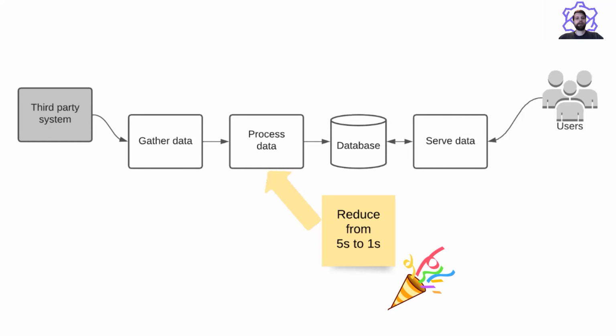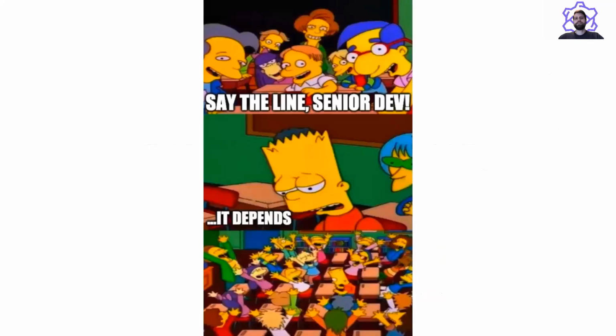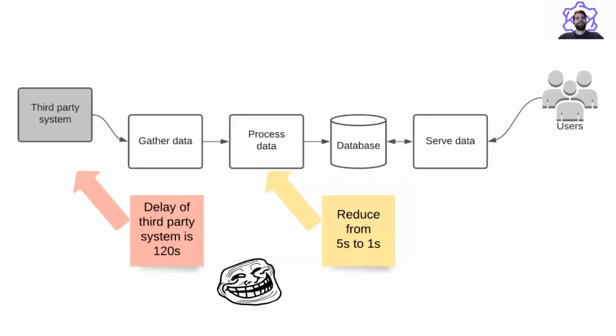Making something 5 times faster is great, isn't it? It should be acknowledged by customers, right? It depends. In this case, the time taken by the processing pipeline is negligible for the overall experience. The biggest problem is the delay introduced by the third-party system. It equals 2 minutes.